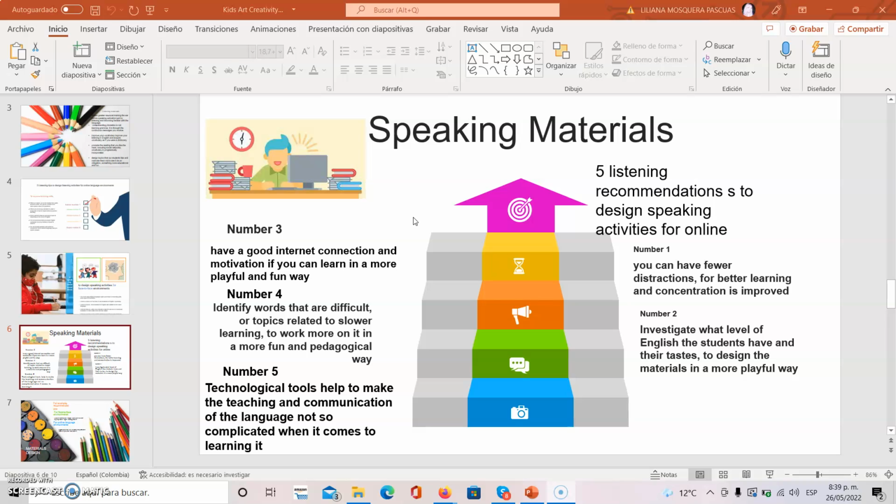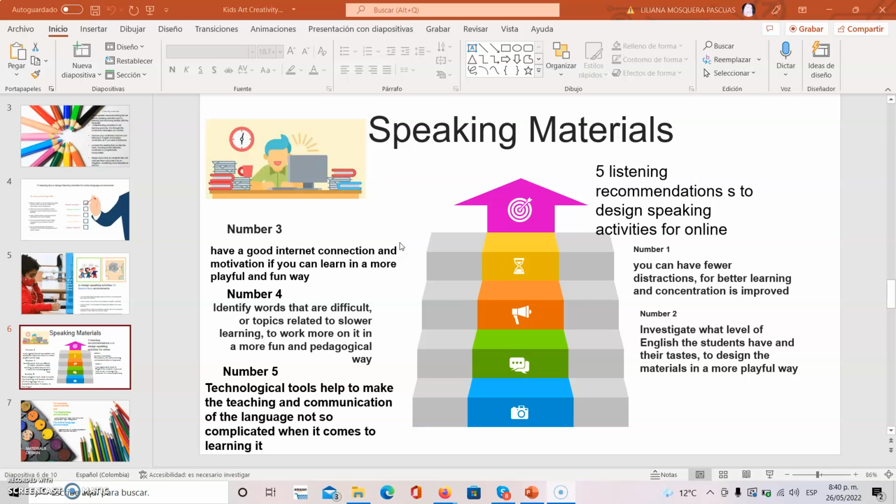It brings together everything that has to do with the internet, communication issues, the technology in speaking, the tools for pedagogical materials.